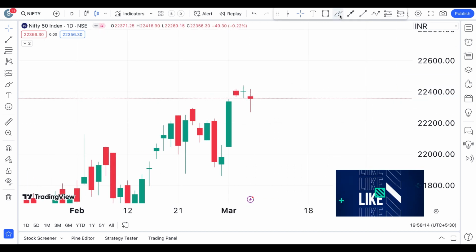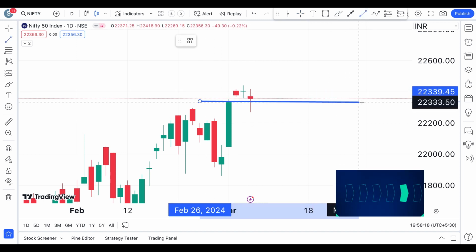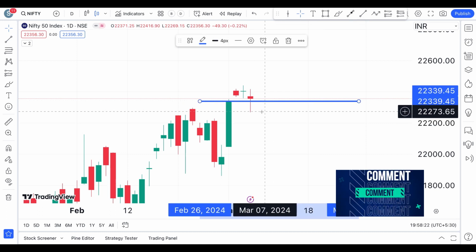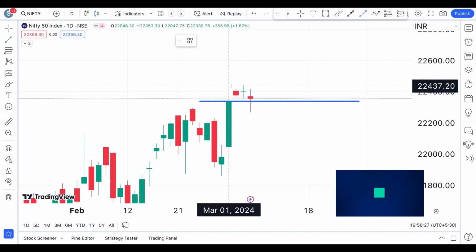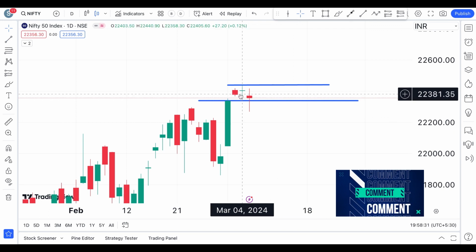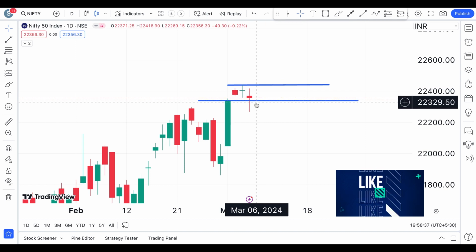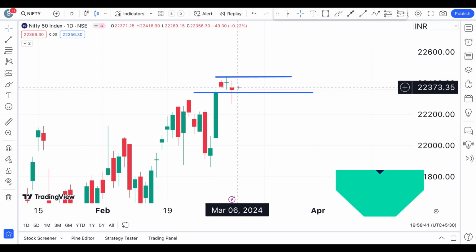So now you should again be a little careful, because if you see a breakout of this blue line towards the downside, then definitely Nifty is in some trouble. But as of now, we have not seen a breakout above this as well, which means that in between this zone, it's ideal not to pick any trades based on these two levels. So let Nifty settle down.